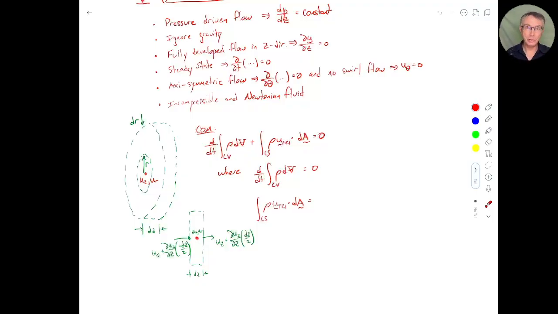But if I say it's uz at the center, then if I move to the left just a small amount, that distance is dz over 2, then what it'll be is the velocity I start with right at the middle, plus how that velocity changes as I move in the z direction, that's duz/dz, times how far I've actually moved to go from the center to the left. So I moved a distance of minus dz over 2 because the positive z direction is that way. Right? So that's what the velocity is on the left-hand side.